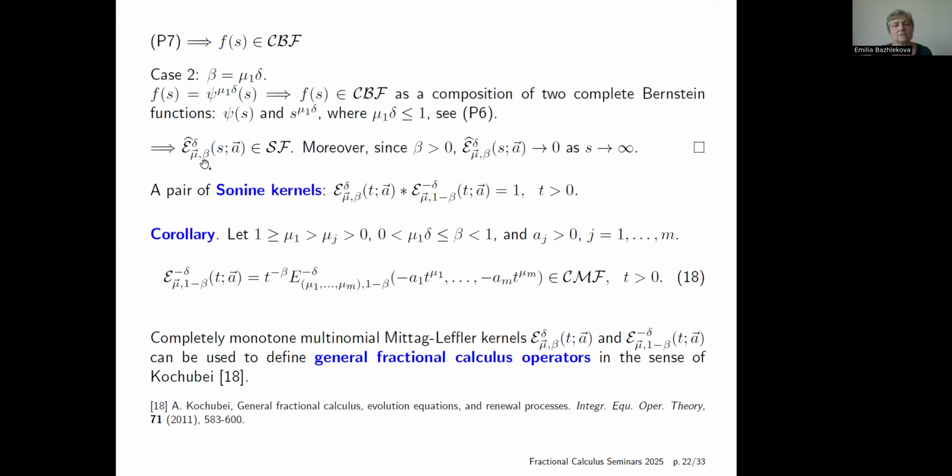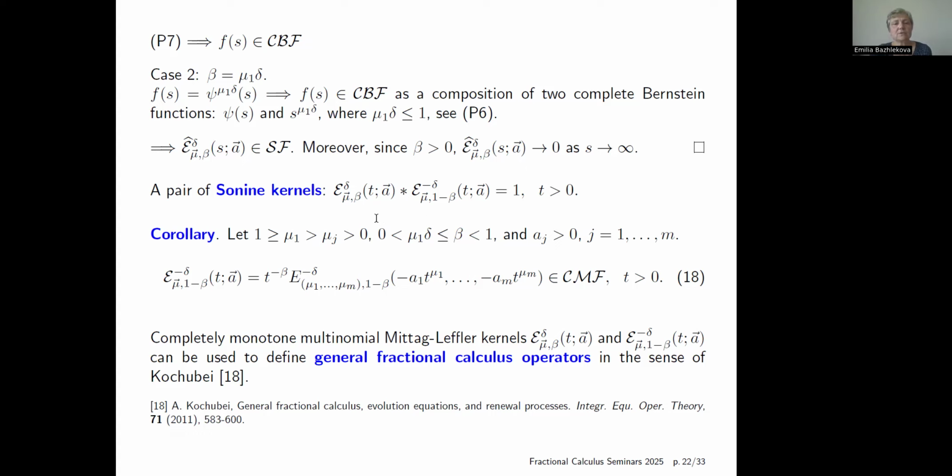So it is proven that the Laplace transform is a Stieltjes function, and this limiting property follows directly from the Laplace transform of the function. This is the proof, and it is an example of how we use the simple Bernstein functions technique to prove in a simple way, using elementary operations of functions of those classes, to obtain new functions from the same classes.